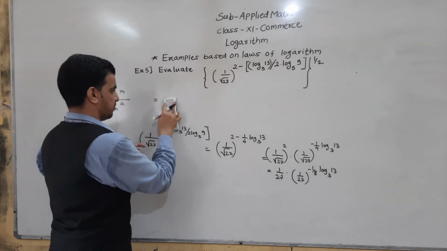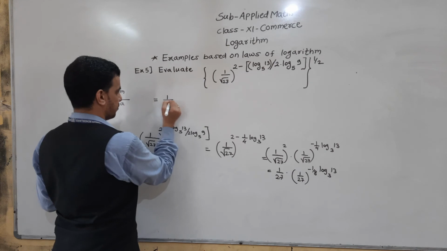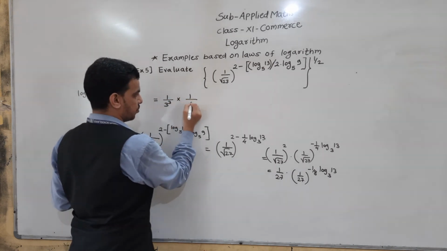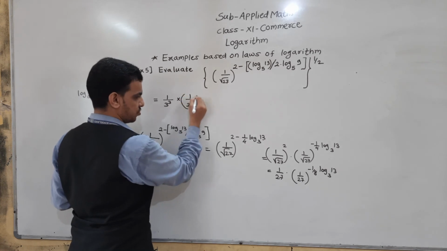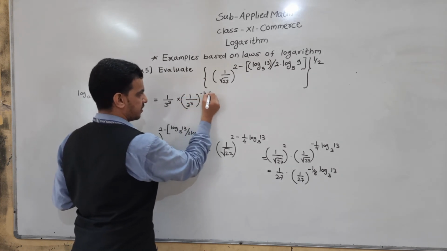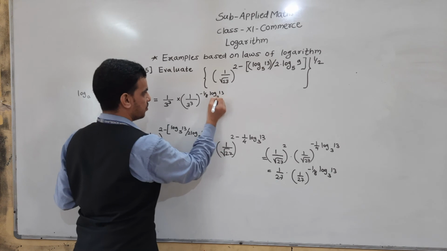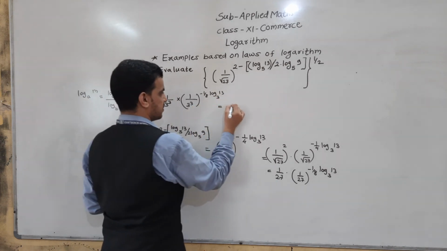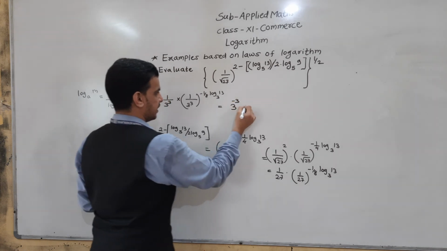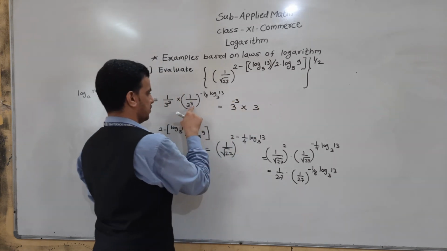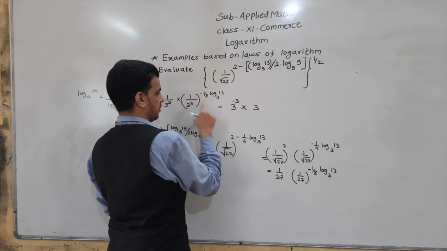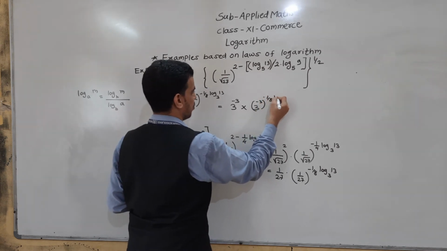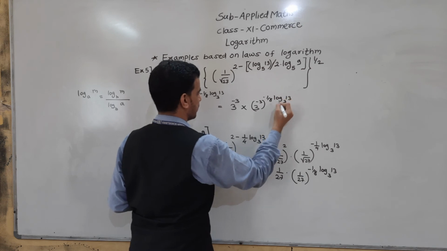This 1 by 27 I can write as 1 upon 3 raised to 3, into 1 upon 3 raised to 3 raised to minus 1 by log of 13 to the base 3. If we take it in the numerator, that is 3 raised to minus 3 into 3 raised to minus 3 raised to minus 1 by log of 13 to the base 3.